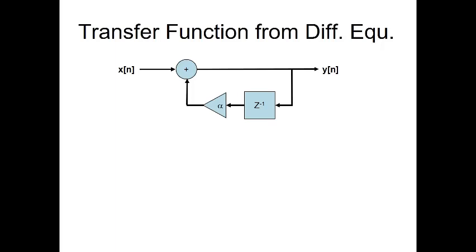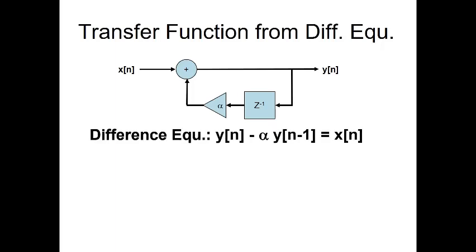So using the same example we did in DTFTs, if we have this single feedback IIR filter described by the difference equation y of n minus alpha y of n minus 1 equals x of n, and we were asked to find the transfer function for the system, all we have to do is take the Z transform of the entire difference equation, term by term, using linearity where we're multiplying by constants, and using the time shift property of Z transforms where we have time shifts.